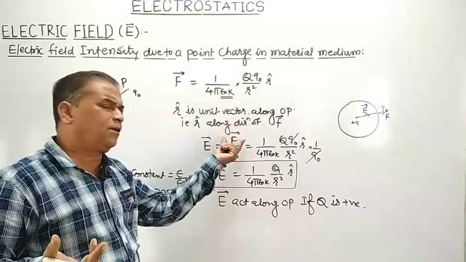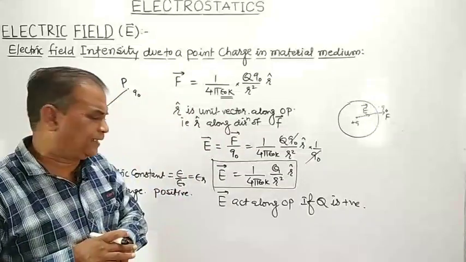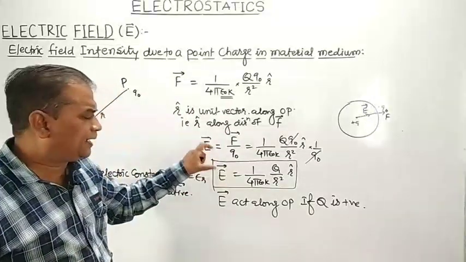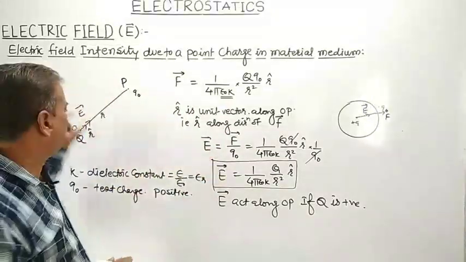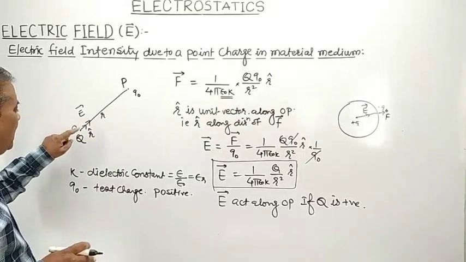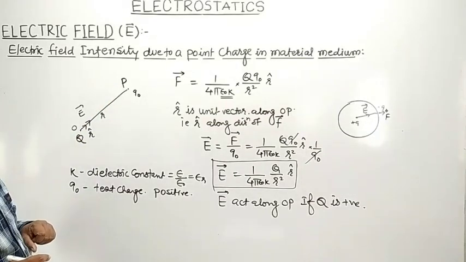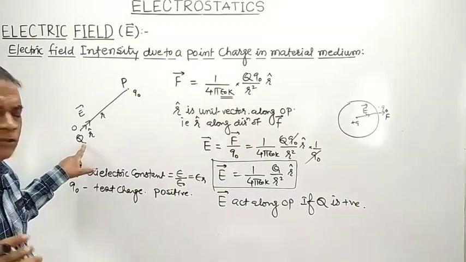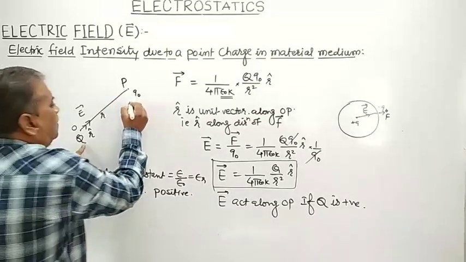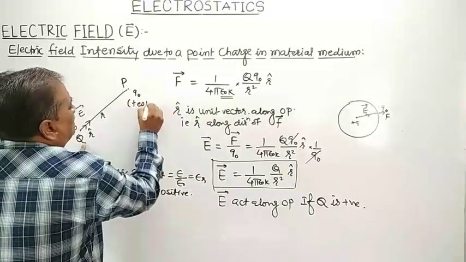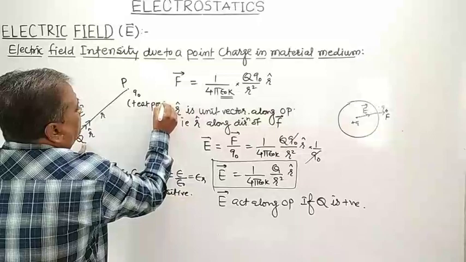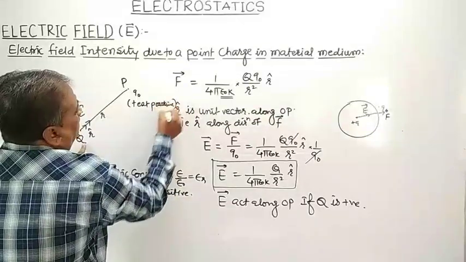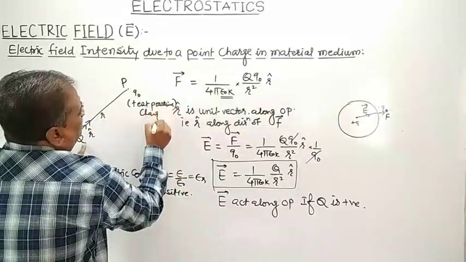Whatever may be the direction of force, same is the direction of electric intensity. So this electric intensity or electric field E will act along OP when the charge Q is a positive charge. Already Q0 is a test positive charge.